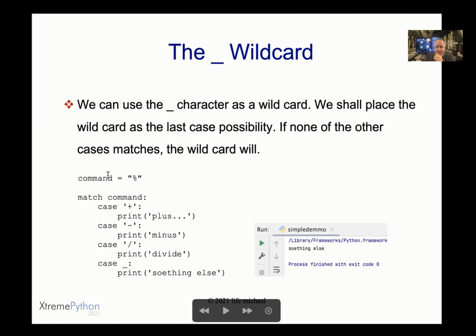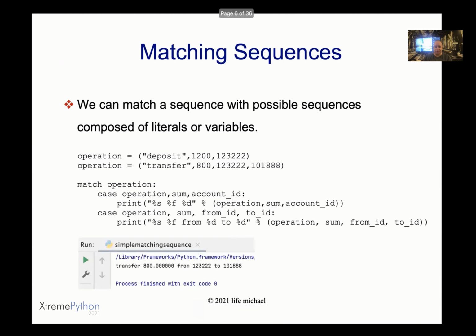It has a specific value, and then that value is compared with each one of the cases you can see. And the wildcard is kind of a default. So if none of the other cases match, then the wildcard takes place. We can use the wildcard in different ways, and we shall see that shortly.